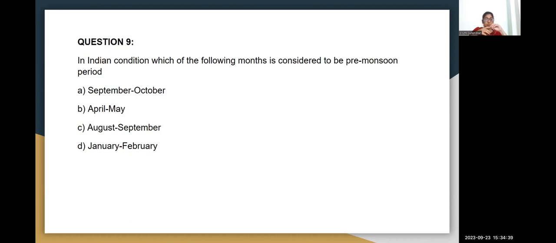Is it September to October, April to May, August to September, or January to February? The pre-monsoon period will generally mean it's summer time. So we can think about when it is summer and then answer the question accordingly.